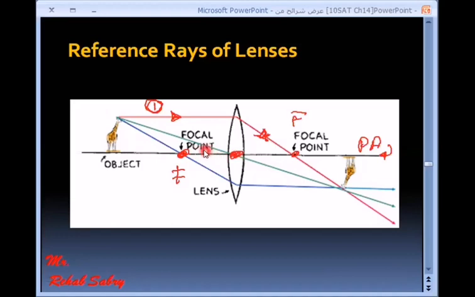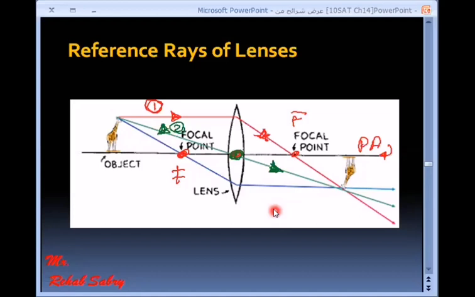This ray, this is the optical center, so it will go straight. In the third case, if the incident ray is passing through the focal point, it will bend parallel to the principal axis.